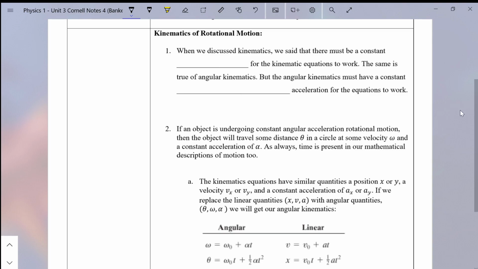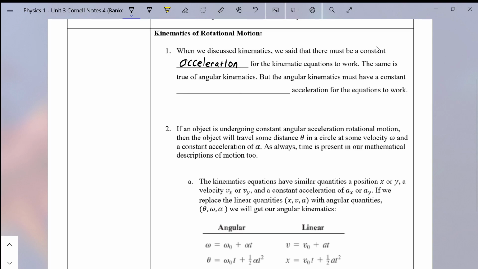So as we discussed in kinematics, we said that there must be a constant acceleration. Before we said it was a linear acceleration, even though we didn't know it was linear acceleration. But now, if we know that our angular acceleration is also constant, then it will fit the same criteria that you need for kinematics in linear dimensions.